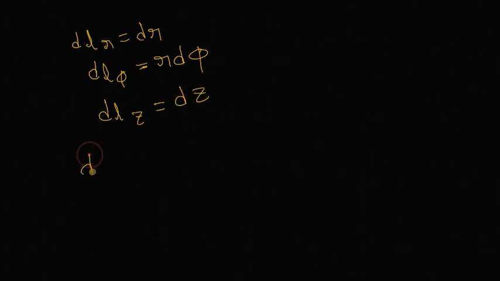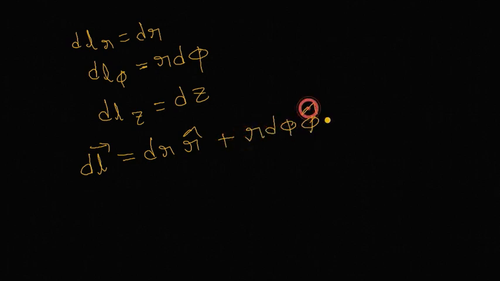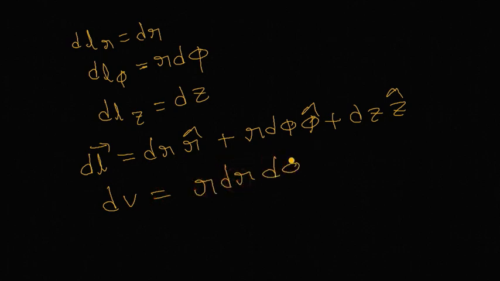So the general infinitesimal displacement will be dl vector equal to dr r cap plus r d phi phi cap plus dz z cap, and the volume element dv will be r dr d phi dz, where the value of r will be from 0 to infinity.